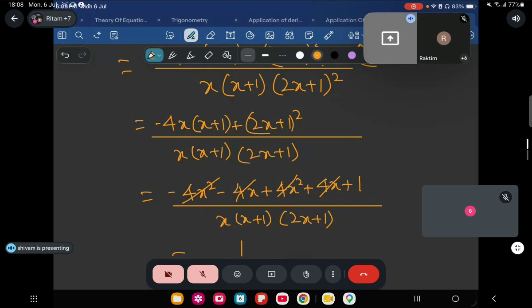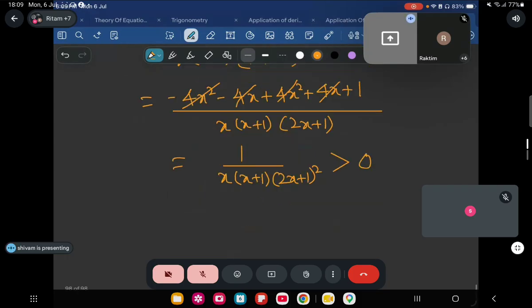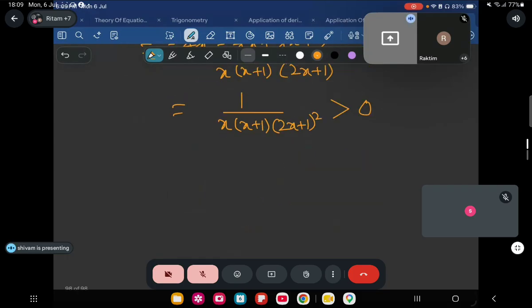So for all x greater than 0, this should be greater than 0, right? Tell me. Once you have got f dash x greater than 0, this implies f is always increasing, right?